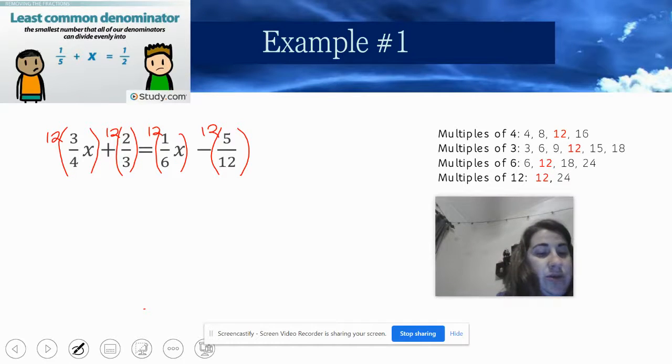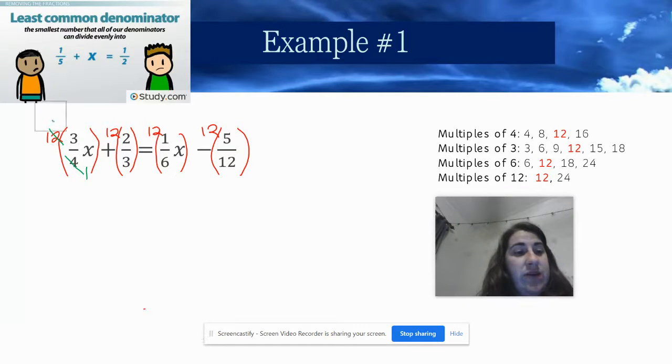When I am multiplying by 12, basically I'm going to divide the 12 by the denominator. So I'm doing 12 and 4, simplifying it: 4 goes into 4 one time, and 4 goes into 12 three times.